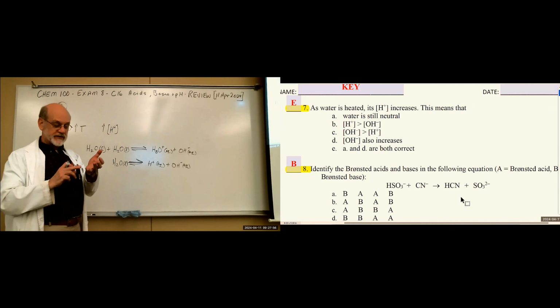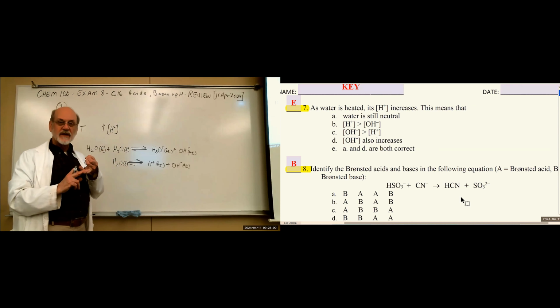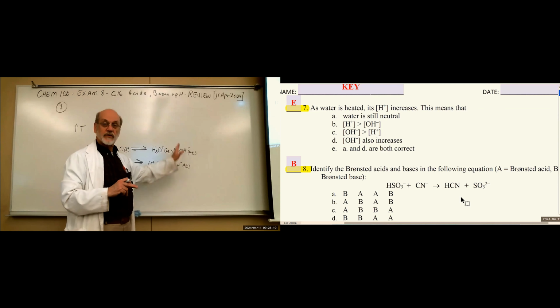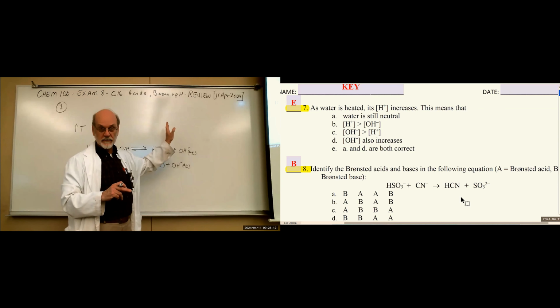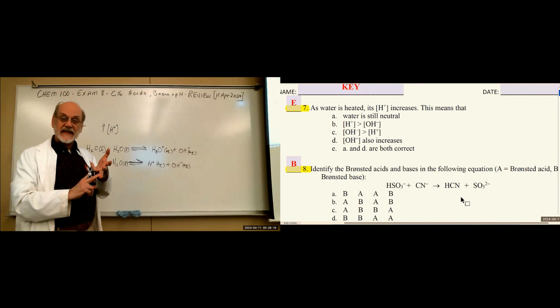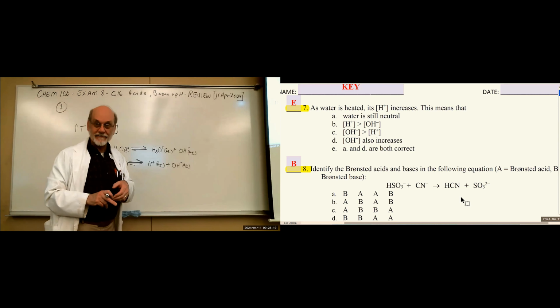That means the water is still neutral and the hydrogen ion concentration is equal to the hydroxyl ion concentration. So if the hydrogen ion concentration increases, the hydroxyl concentration increases also. That means not just A, but D is also true. Okay, that's why E is the answer. A and D are both true.